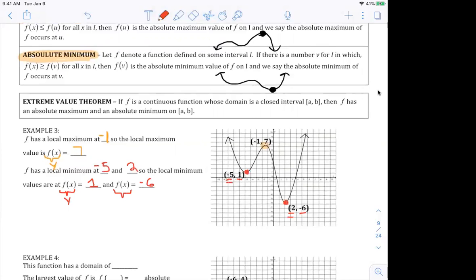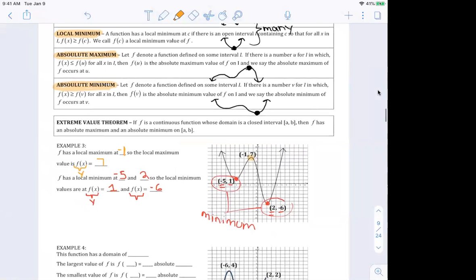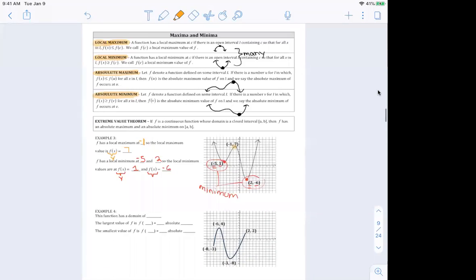So again, these two are what we call your local minimums. If I asked you for the absolute minimum, it would just be this value because it would be the lowest point out of everything, okay? Same with the highest one, there is only 1 point, so you really can't confuse the two.